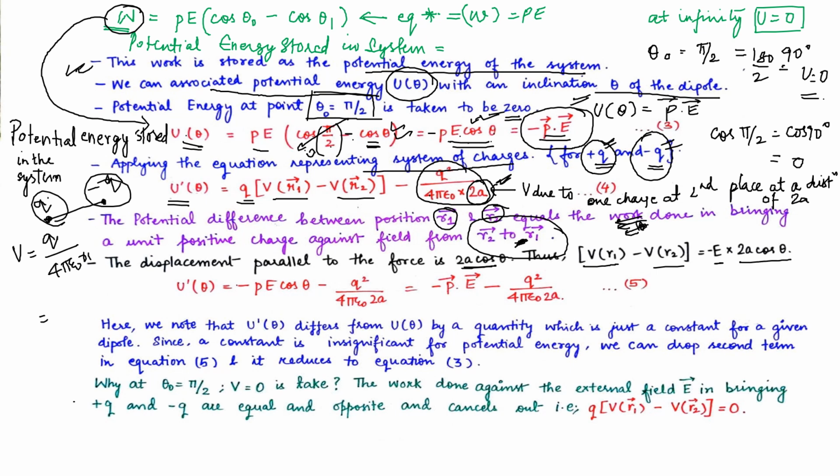See, potential equals E into S, where S is displacement. So here the displacement is 2a, that is the distance between these two charges. But is our dipole always in the lateral position or vertical position or longitudinal position? Isn't it a rotational one? Our dipole is a rotational one.